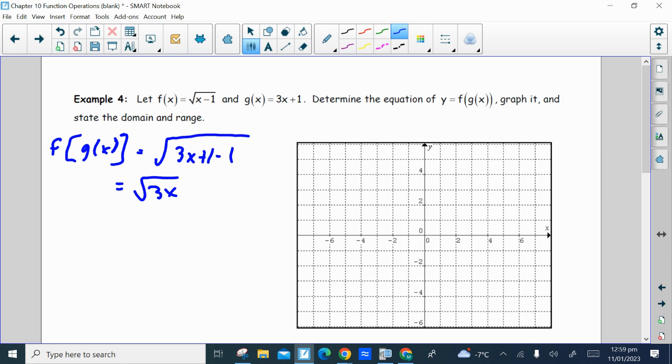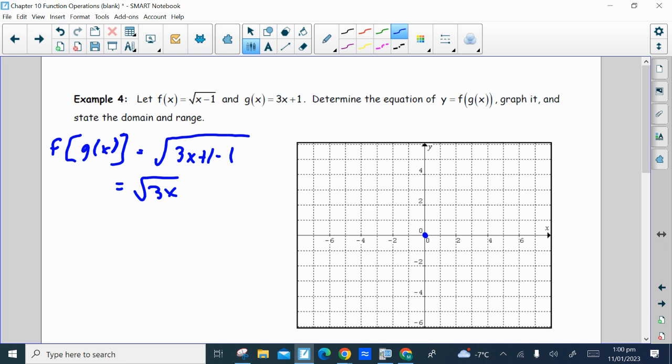And we can look at this as a transformation of y equals root x with a b value of 3, which means it's been horizontally stretched by a factor of a third. Or in this case, we could just do a little table of values. When x is 0, 3 times 0 is 0, and the root of that is still 0.